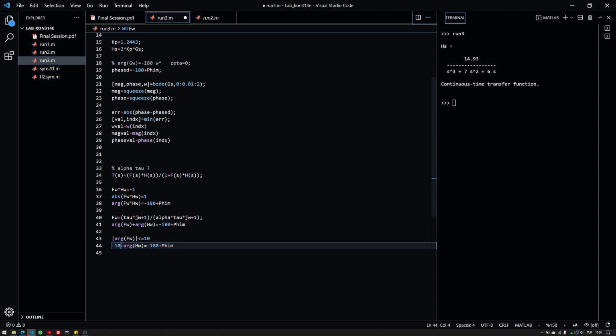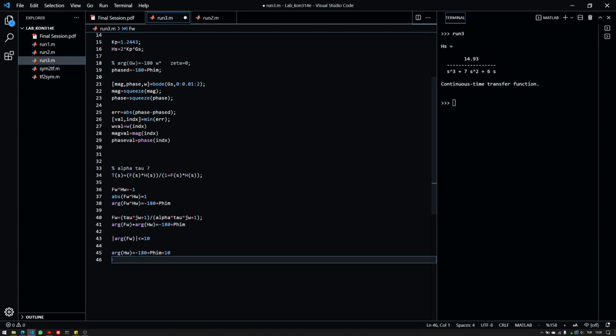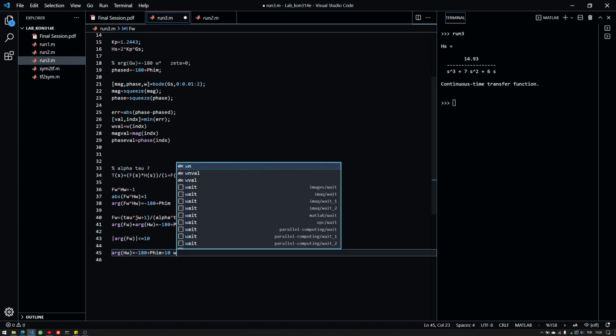Let's say it is minus 10 at max. Then this will come to the right side, and I will get something like this here. So this is still a simple requirement, and because I know what phi m is, I can calculate this phase angle, and I could use that angle and determine a certain omega value.